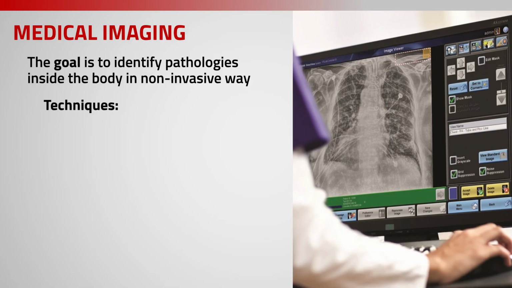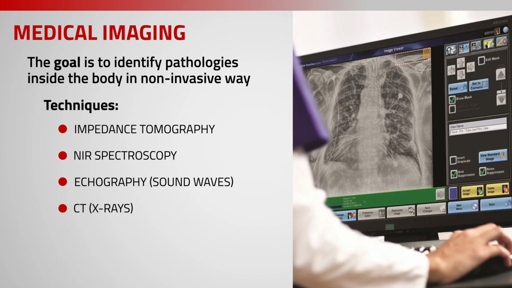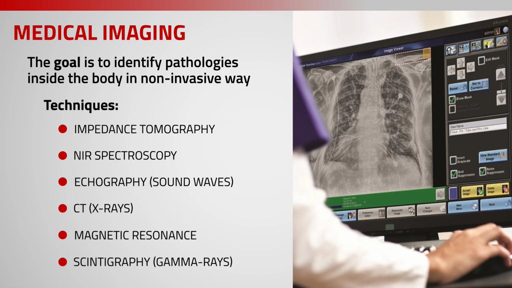Of course, there are many techniques like impedance tomography, infrared spectroscopy, echography using sound waves, CT using X-ray that penetrate through the body, magnetic resonance, and nuclear imaging, in particular scintigraphy, that use gamma ray to probe the presence of such molecules inside the body.